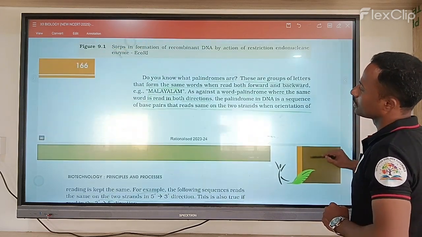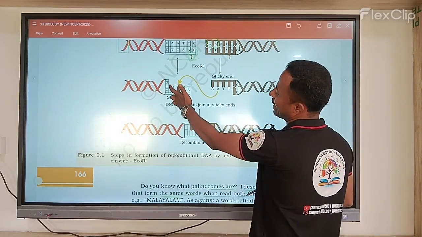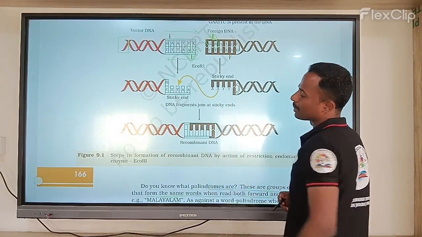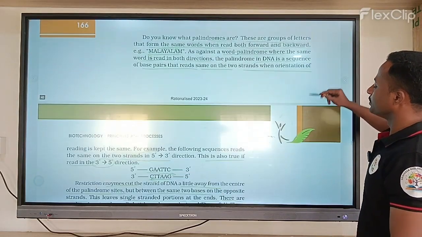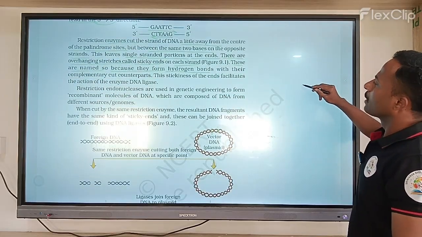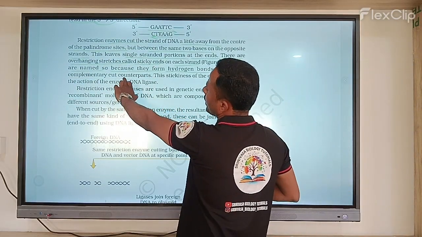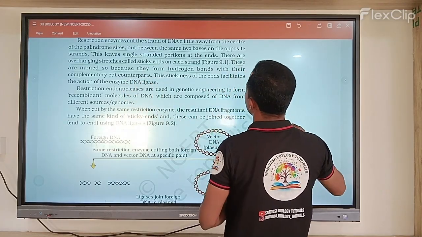In those sticky end regions, hydrogen bonds are present. And after that, there are complementary cuts with counterparts.